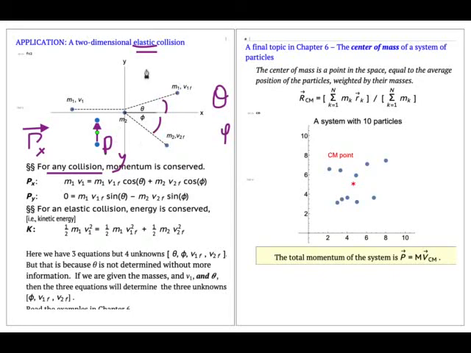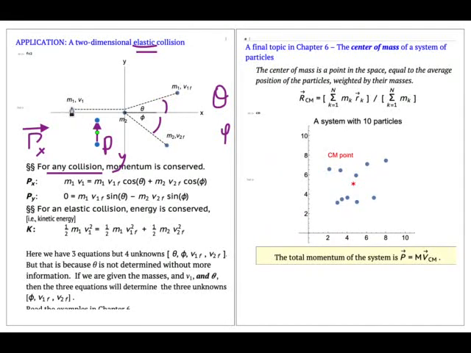There are obviously many special cases. You might have a head-on collision where theta was equal to 0. And phi would also turn out to be 0, so that the y component of momentum is conserved. Maybe m1 is lighter than m2. So m1 comes in and hits m2 and bounces back. So then theta would actually be 180 degrees, and phi would be 0 degrees.